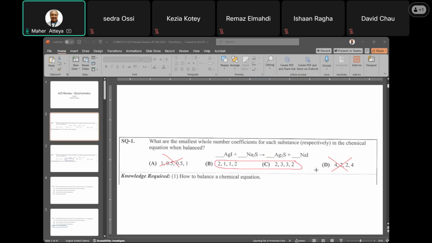So 4 to 2 to 2 to 4 is very rare. You will see some reactions with larger ones, but it's very, very rare. We always see the ratio among the reactants and the products is a smaller ratio. We call this multiple choice elimination. So I eliminate A and B, save myself time. So I have to consider B and C, those two. Which one is correct?